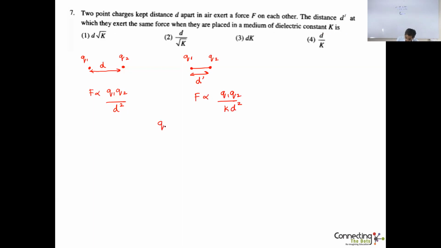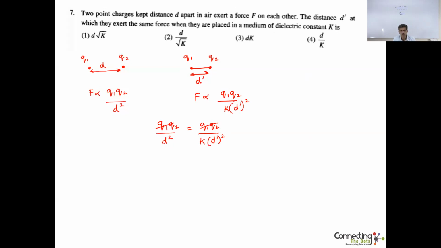So when you equate these 2, you will get Q1 Q2 by d square is equal to Q1 Q2 by K d square. Sorry, this is not d square, but this is d prime square, because the distance has changed. So you cannot cancel d square here, there is d square here.